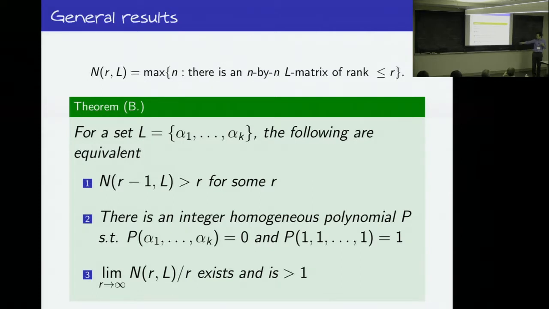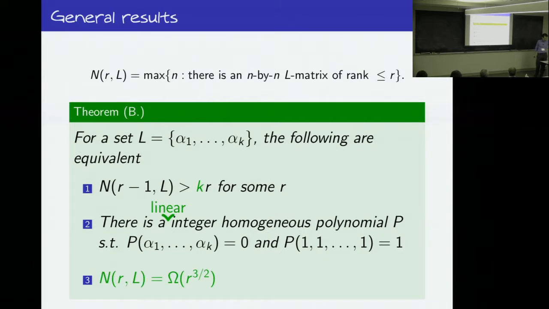The question was the opposite direction: how close to 1 can it be? For 2 I can answer this question, but for general k I cannot, at least not on the spot. Okay, let's move on. So this is the next result, the next step up after just barely more than r.